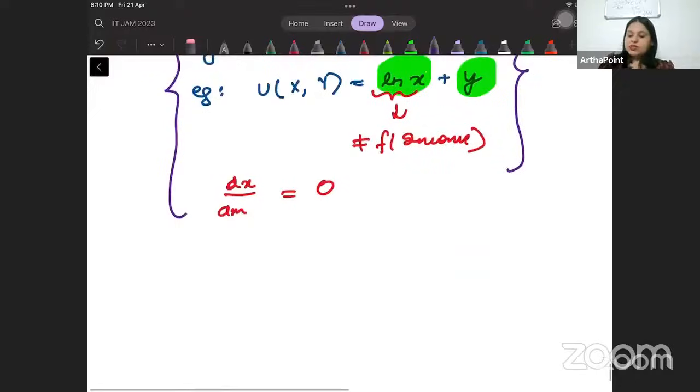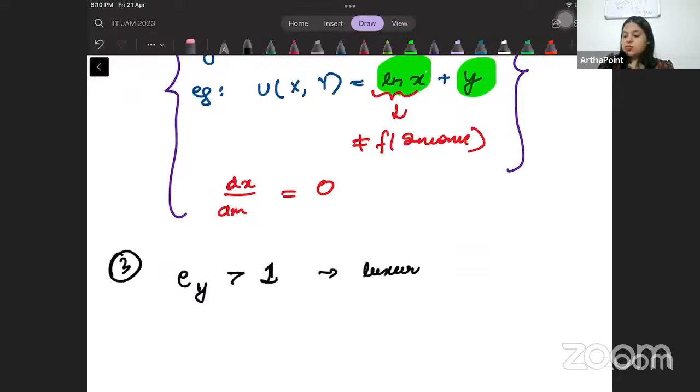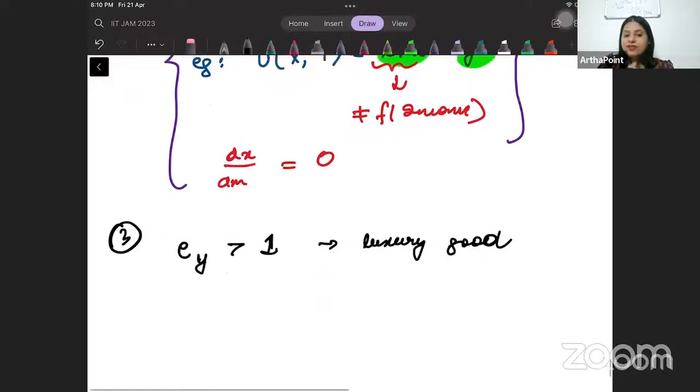Okay beta, come to the next point. If your income elasticity is more than 1, that is a luxury good. And if your income elasticity is less than 1, which means वो आपकी income का declining proportion है, जैसे जैसे income बढ़ती जाएगी, आप उसमें कम खर्च करोगे, these are necessity goods.